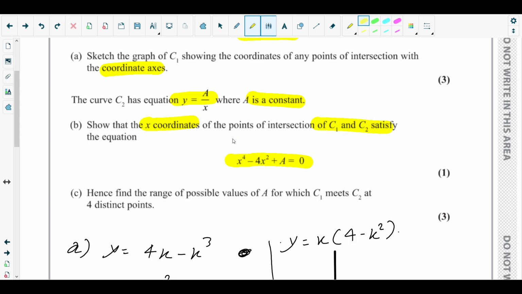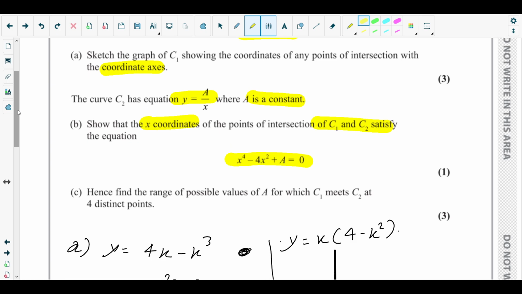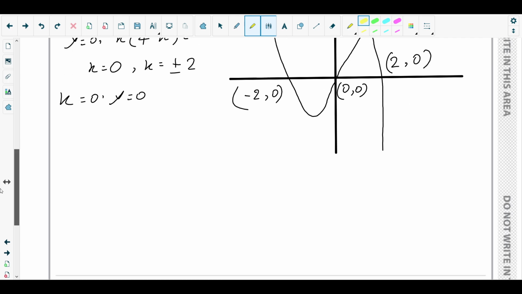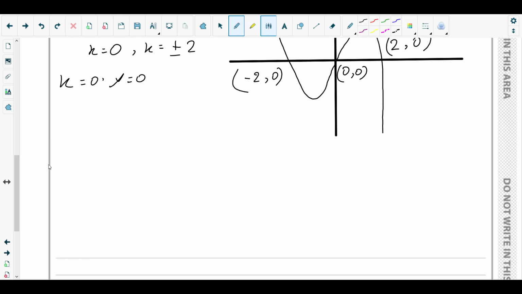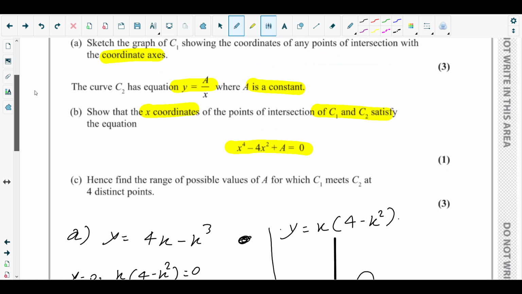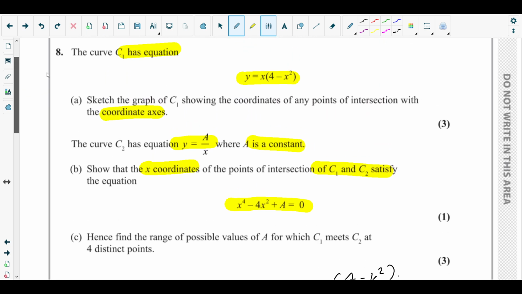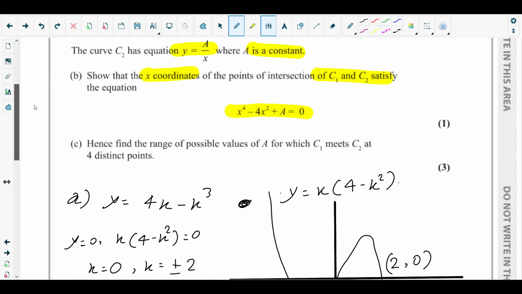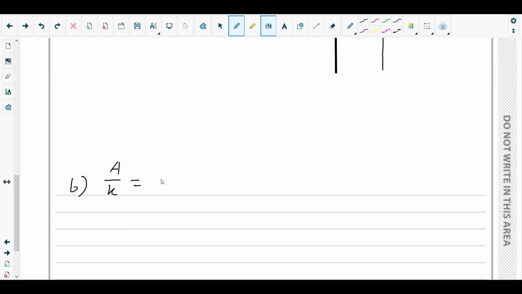At the points of intersection, the y values are equal, so we can equate them. For the reciprocal curve, the y value a over x equals 4x minus x cube, the equation of the cubic curve.